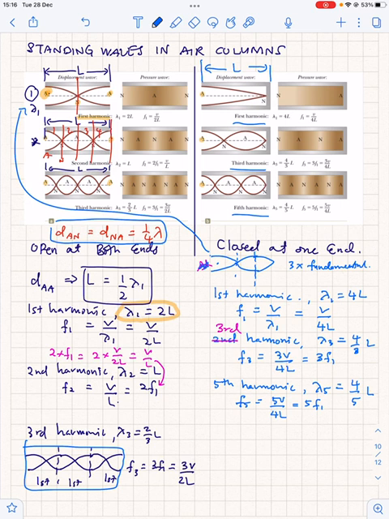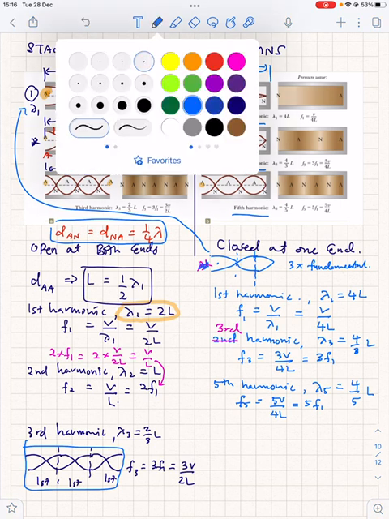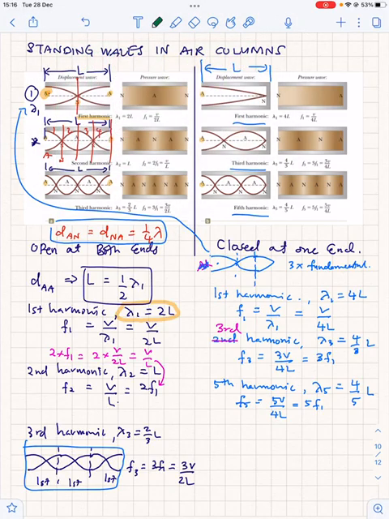Okay, and we have general equations for both. For open at both ends, all harmonics are present. We have Fn equals nV over 2L, which equals nF1.